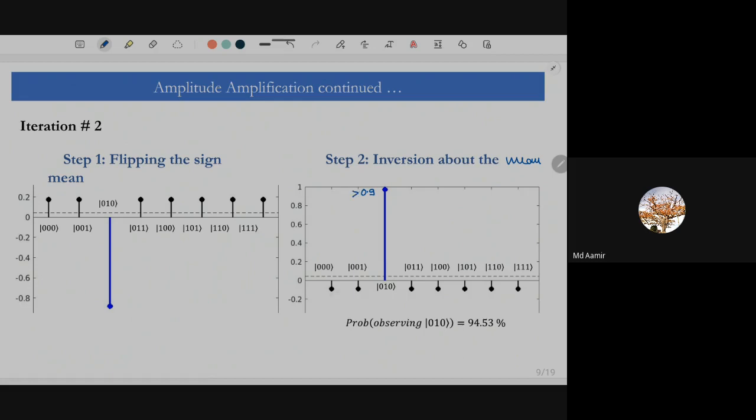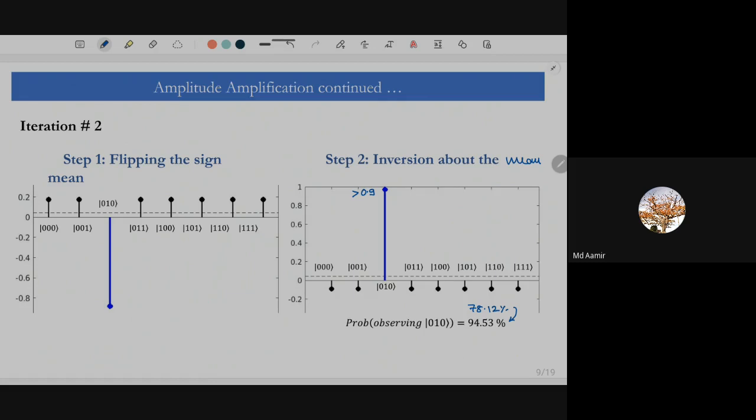And the other things, when we invert, go towards negative, let's say minus 0.1 something. If we perform the measurement here and calculate the probability of observing 010, we'll have 94.53%. So earlier we had 78.12%, now we have increased it to 94.53%.